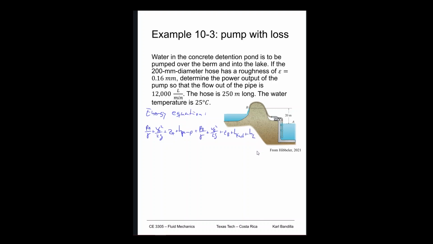Just about fits in there. And now, just like we've done in other examples, to go through and find out what all these terms are.